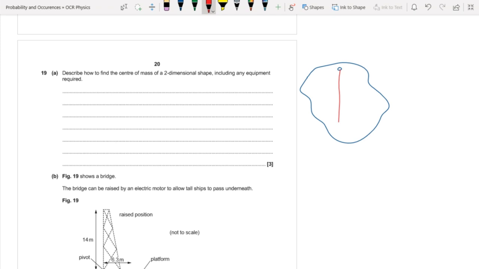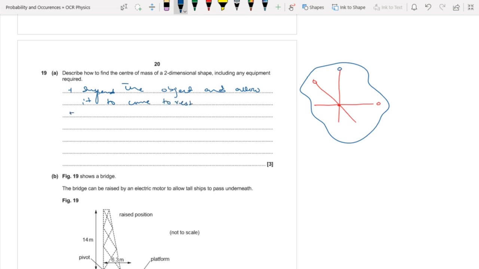and then I would repeat this multiple times, and that point of intersection would be the center of mass. I assume that this is a point of intersection. I'll try it again. Yeah, that point of intersection would be the center of mass. So multiple steps are involved here. Suspend the object and allow it to come to rest.